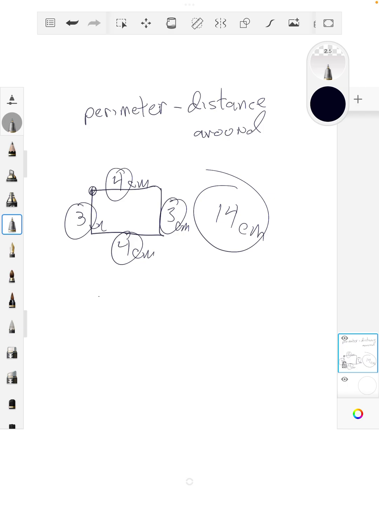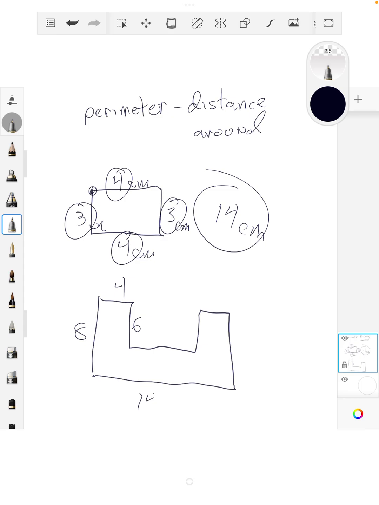Sometimes you get ones that are a little bit more complicated, that they're like this. And you know that, let's say this one's 8, this one's 4, this one's 6, this one is 14, this one is also 6, and this one's 2. And they say, what's the perimeter? Well, there's a couple you don't know. You don't know this one, and you don't know this one.